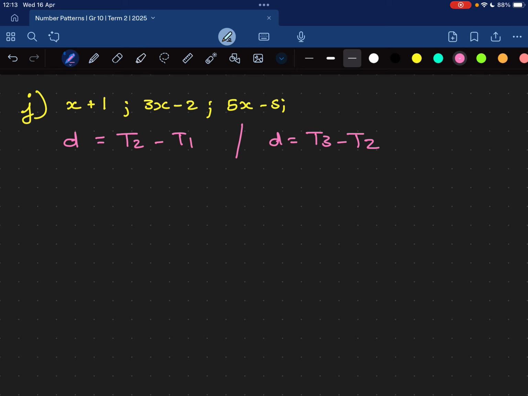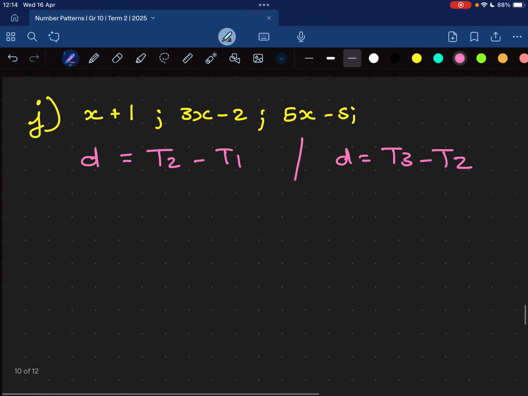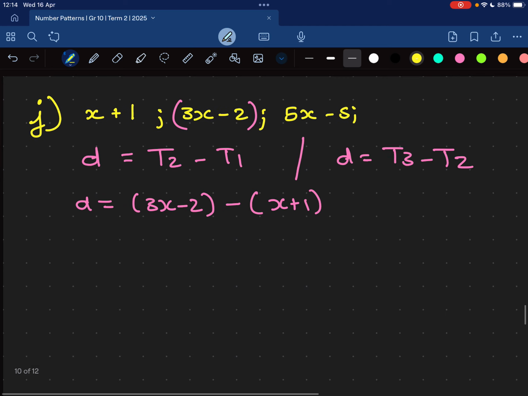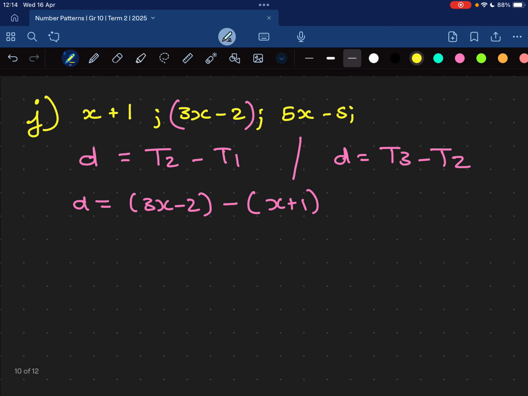Okay, so let's have a look. If we take the first one, T2 minus T1, we would see that the common difference in terms of x would be 3x minus 2 minus x plus 1. And then all we do is simplify it so that we have an expression for d in terms of x.